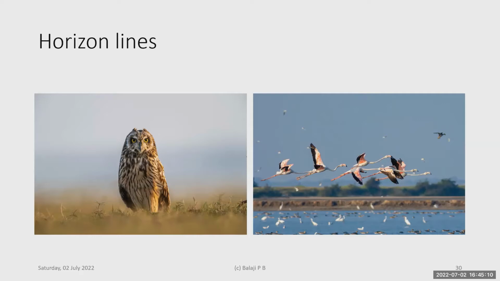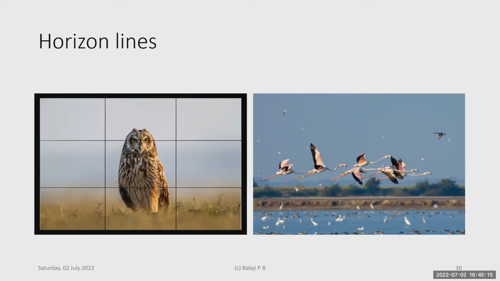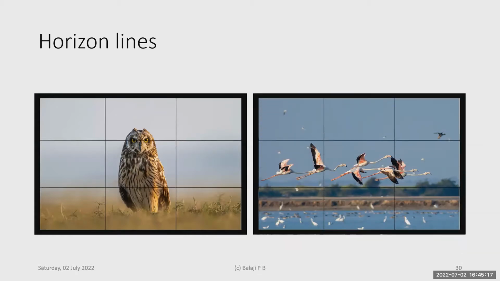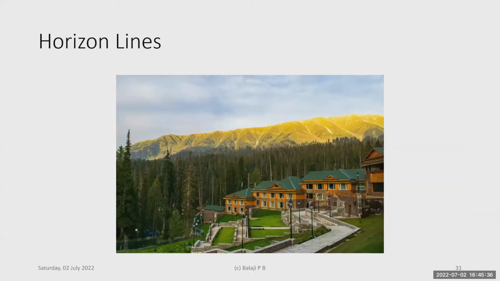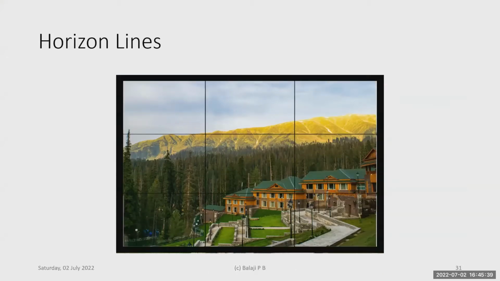As I said, when you look at the rule of thirds, I'd always recommend you place the horizon line either at the bottom third of the image or the top third. If you look at these two images, you can see that the horizon lines are at the bottom third of the image. I'll show an image where the horizon line is at the top third also. So this is another image where the horizon line is at the top third.